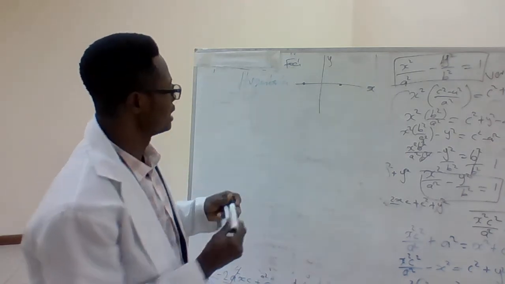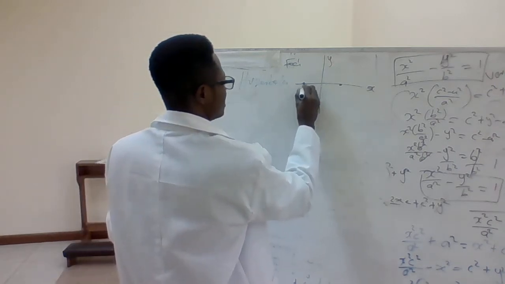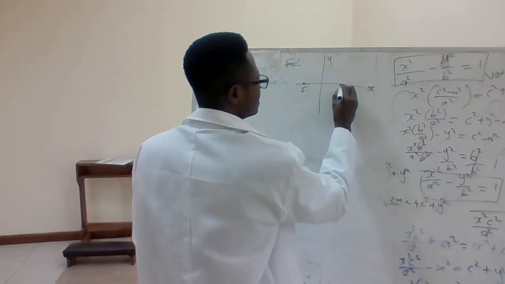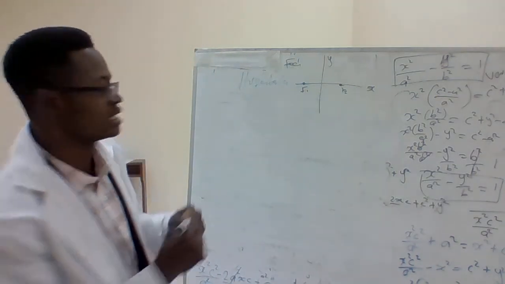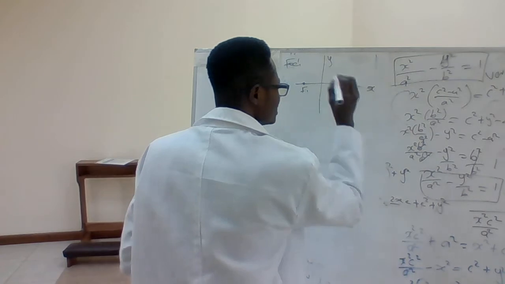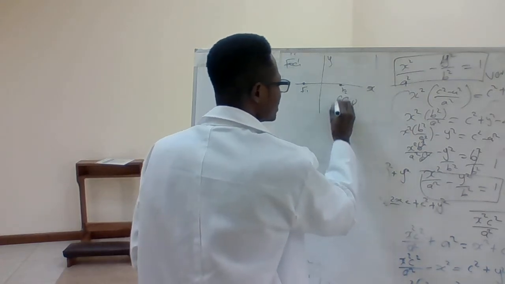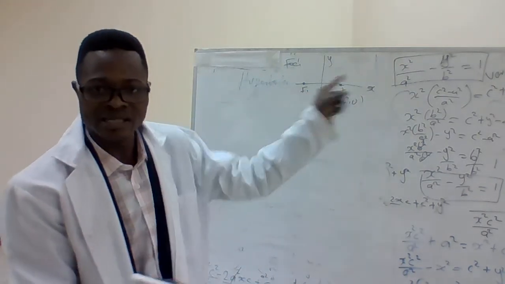So the foci will have 2 points, f1 and f2. Now, this 2 point is represented with letter C. So this is C, 0, because it is in the x-axis.